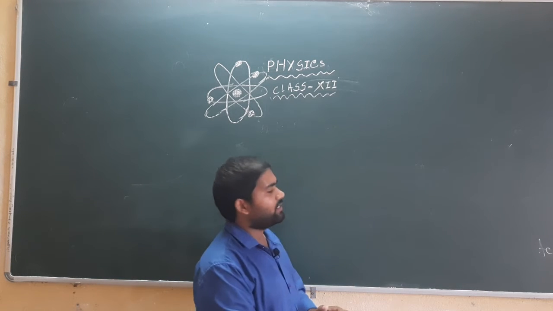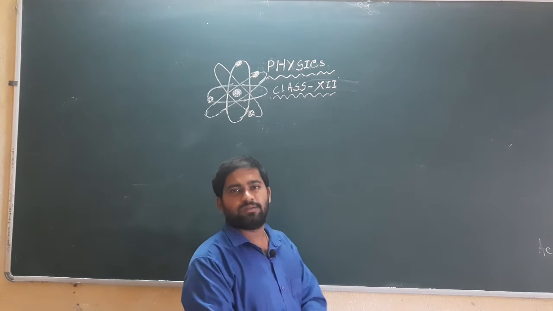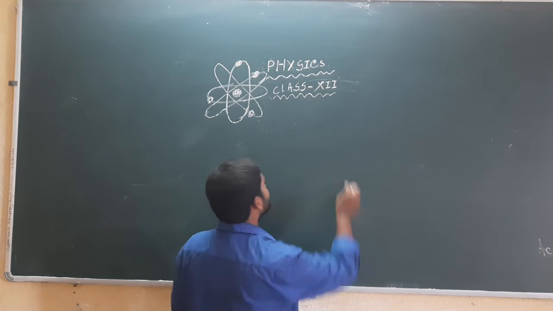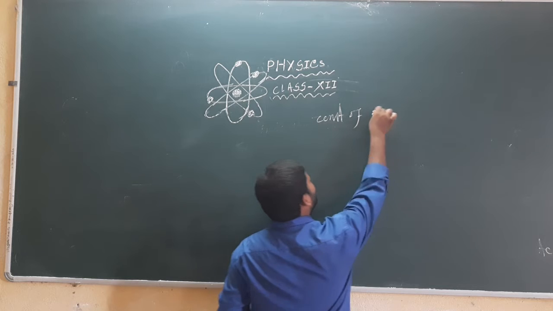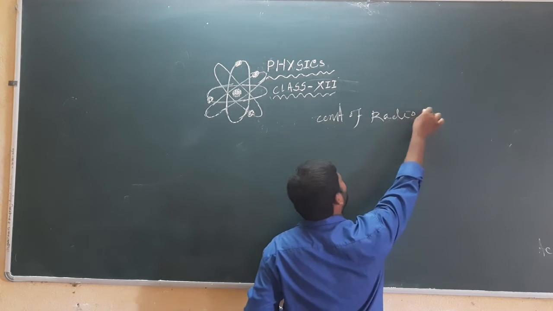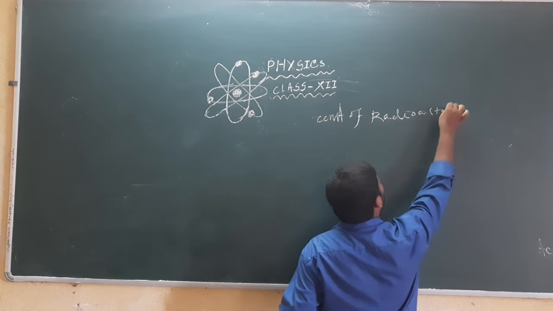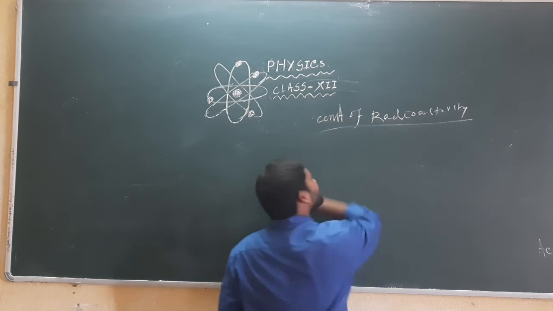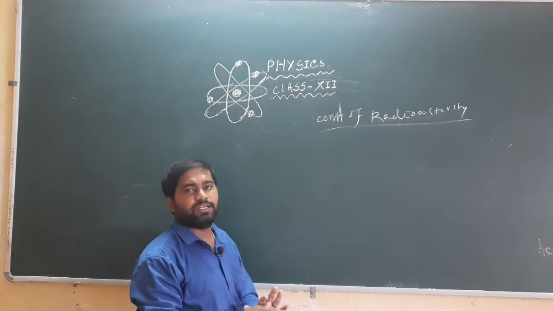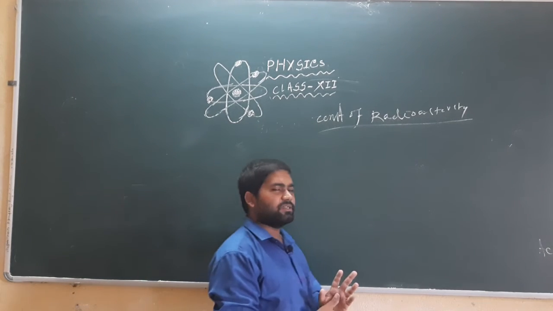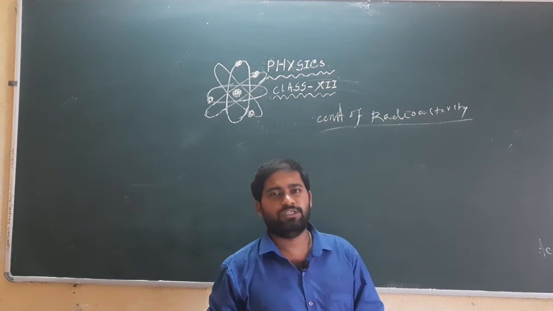So as per their measurements, these are the units of radioactivity. Generally we can measure radioactivity by 3 units.